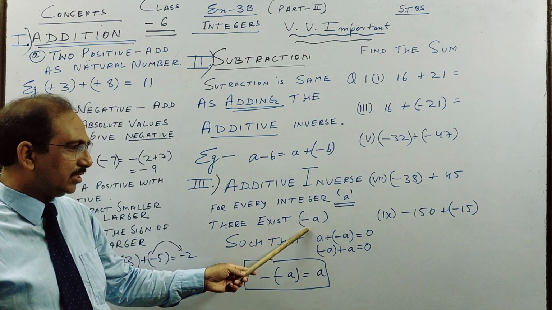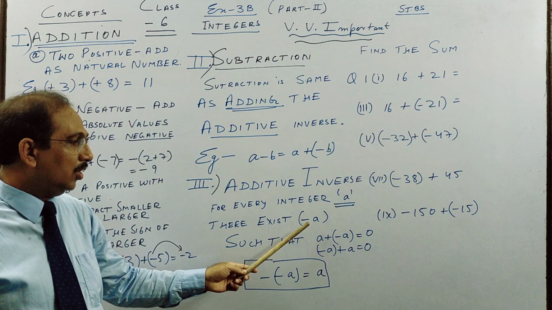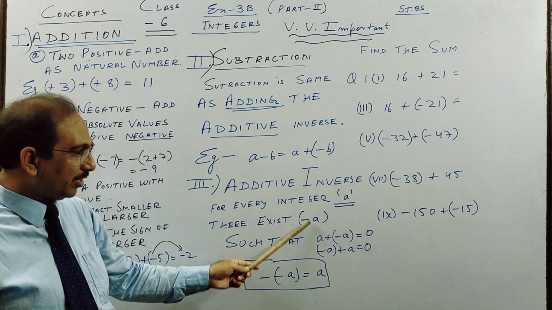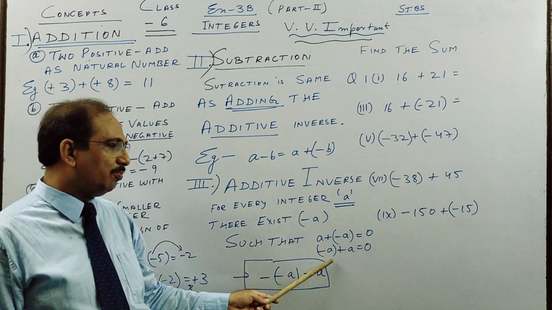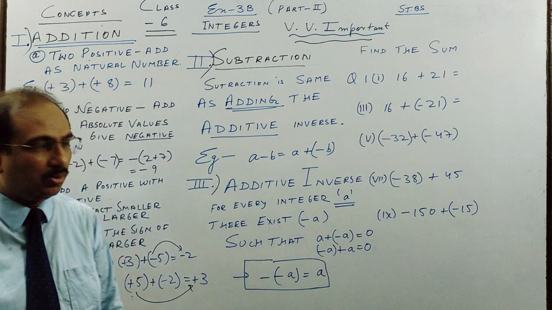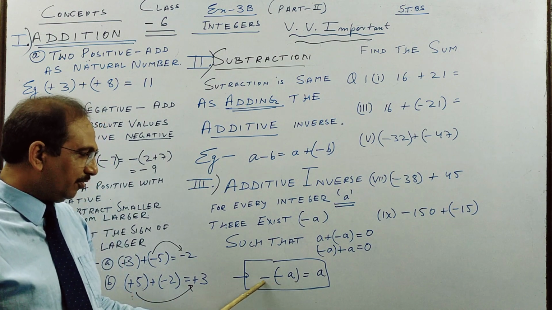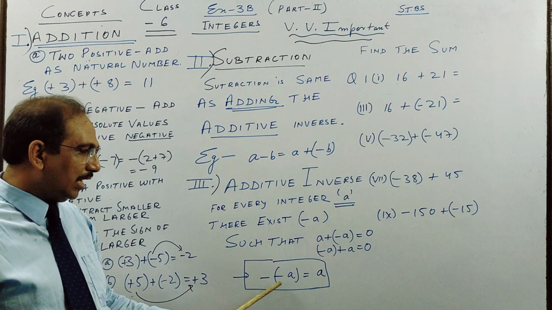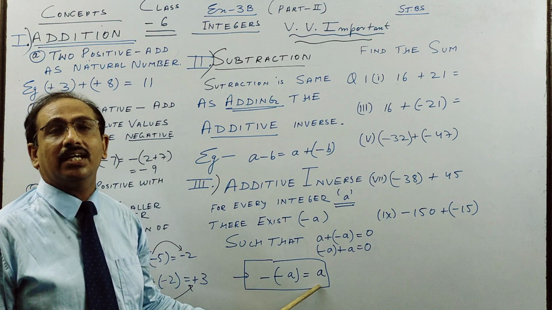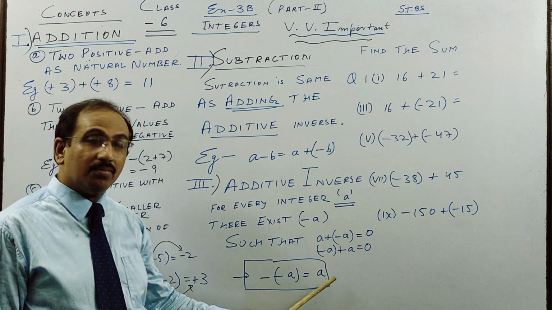The additive inverse of a positive is a minus. The additive inverse of A is minus A, and the additive inverse of minus A is A, and if you add them you get 0. And minus of minus A: you add the additive inverse of minus A, so it becomes A.